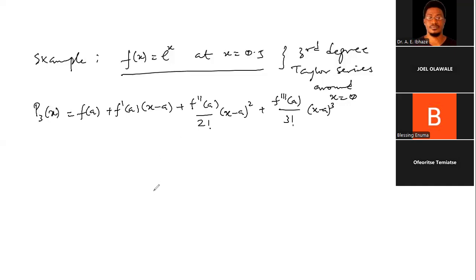Now, since the truncated third degree Taylor series is around x being the same as 0, it means that a is 0.